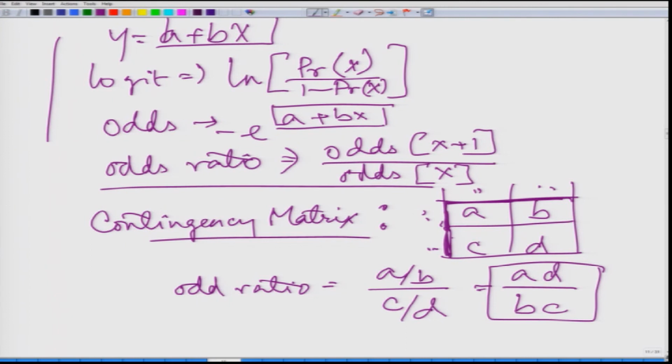And this is the odds of cancer happening and not happening for those who are not smoking, that is C by D. Then we estimate the odds ratio as the ratio between these two odds, and we finally get A into D divided by B into C.